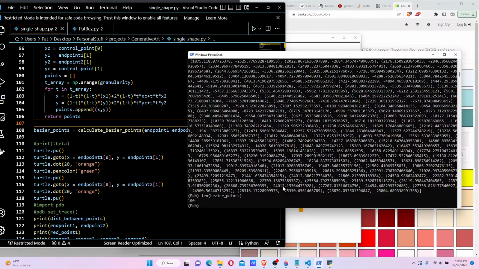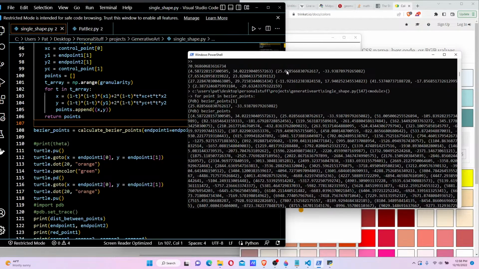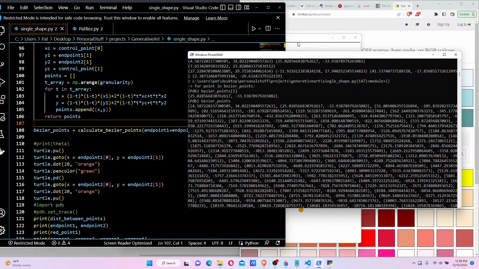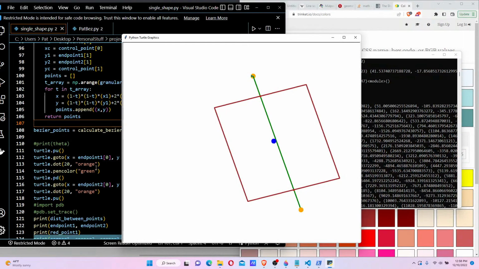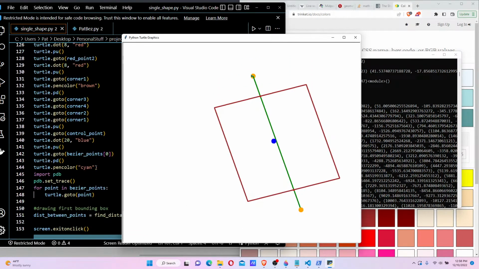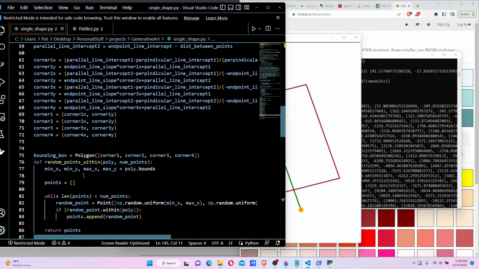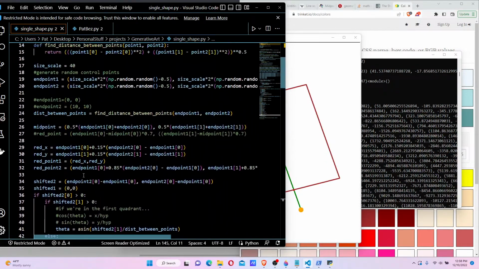So why does it get so big? It seems like it's going fine. The bounds of this are... Yeah, so it should be somewhere in there. Now we've gone to Bezier points.